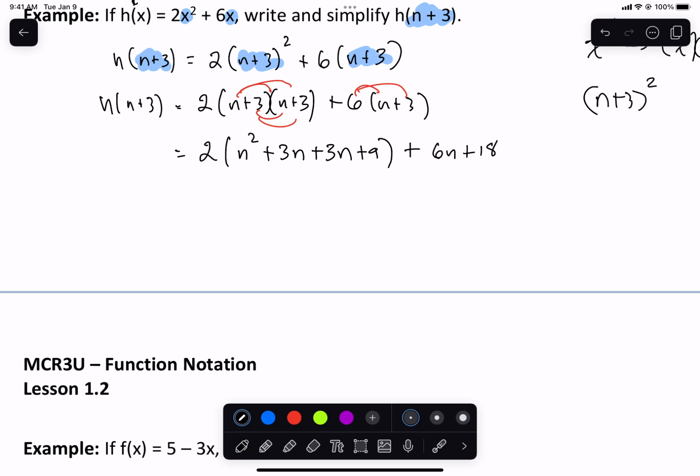It looks like those 2 terms are similar, or like. We're collecting like terms here. We're going to go 2 times n squared plus 6n plus 9 plus 6n plus 18. And now I'm going to deal with that 2.